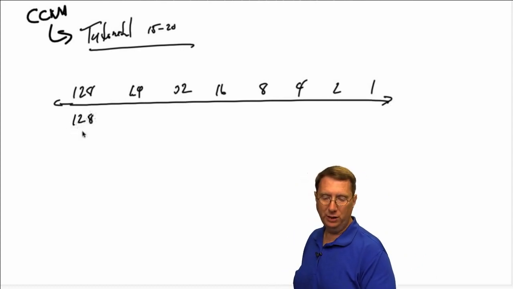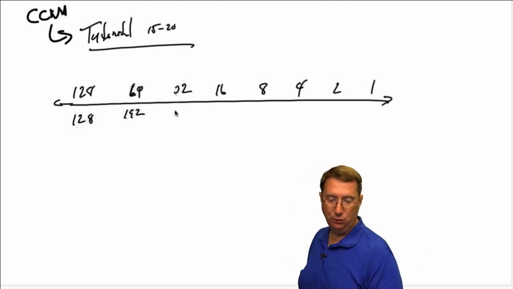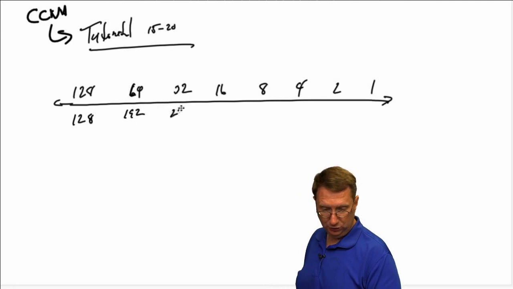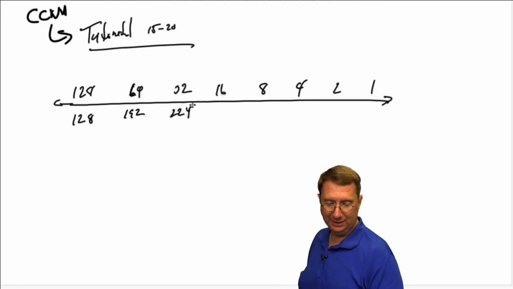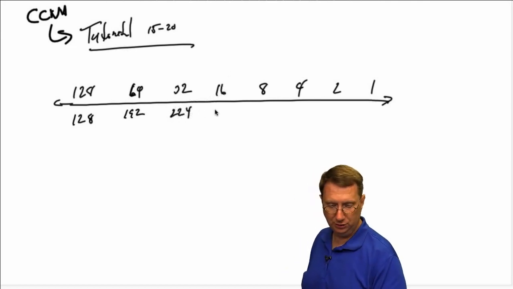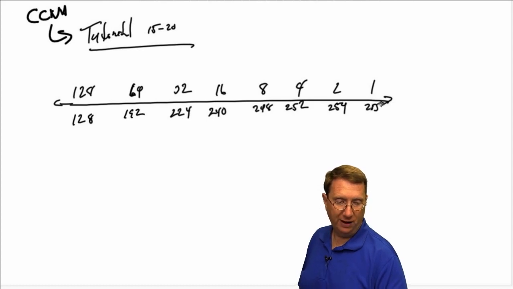But what happens when I add 128 to 64? I get 192. When I add 192 to 32, I get 224. When I come here and add 16, 8, 4, and come through, I should end up with 240, 248, 252, 254, 255.